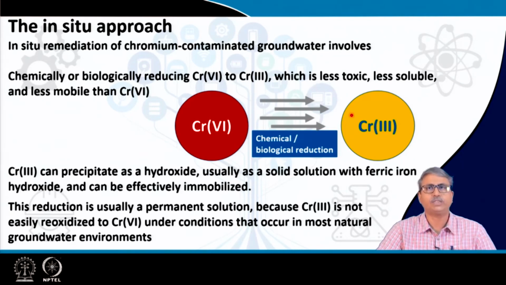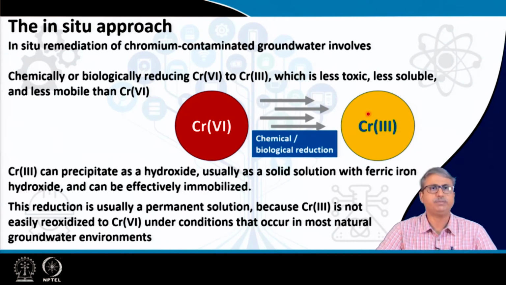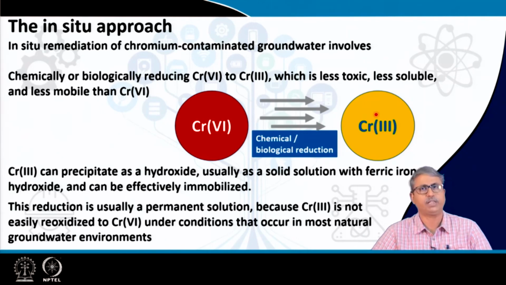So, the target was to convert chromium 6, which is very hazardous, to less toxic and stable precipitate forming chromium 3. Chromium 3 can precipitate as hydroxide, usually as a solid solution with ferric iron oxides, and can be effectively immobilized. That is a part of immobilization that can be achieved, particularly when we have iron in that.